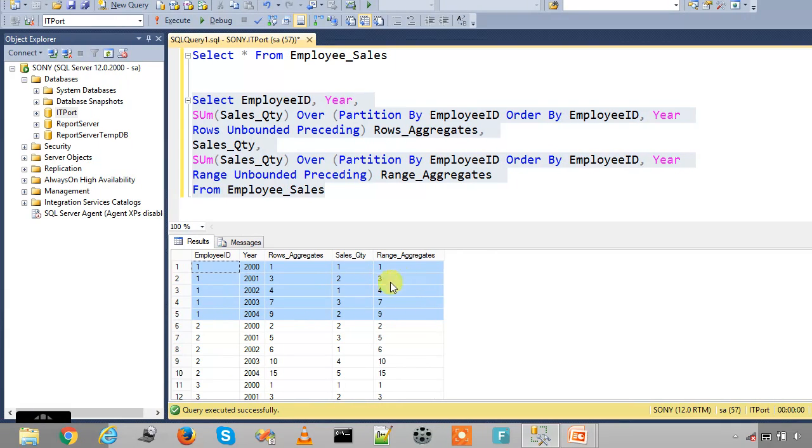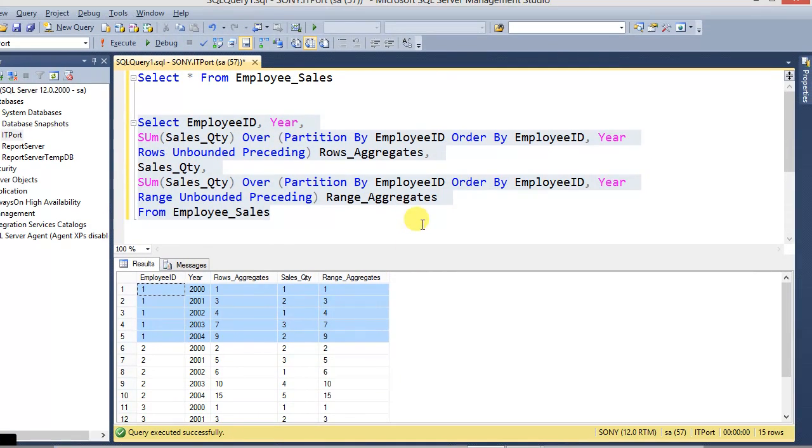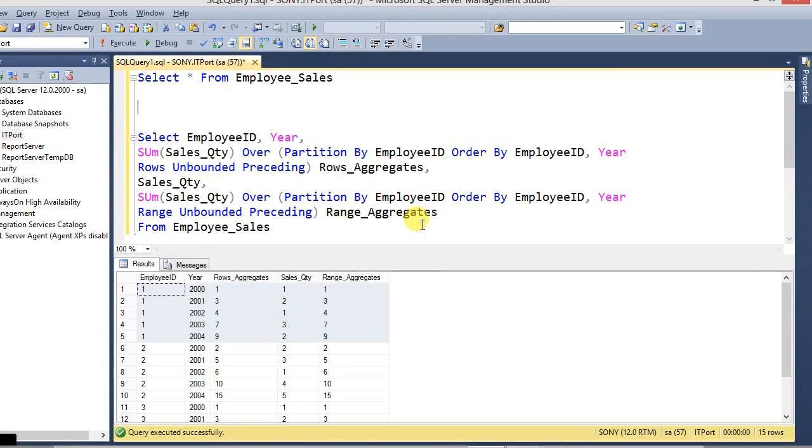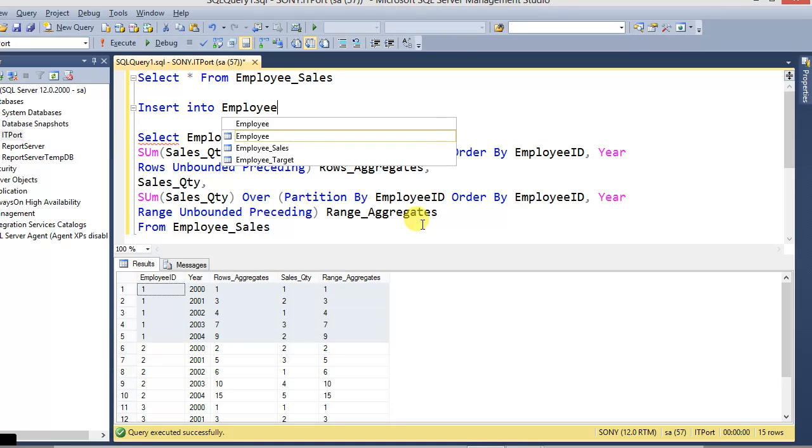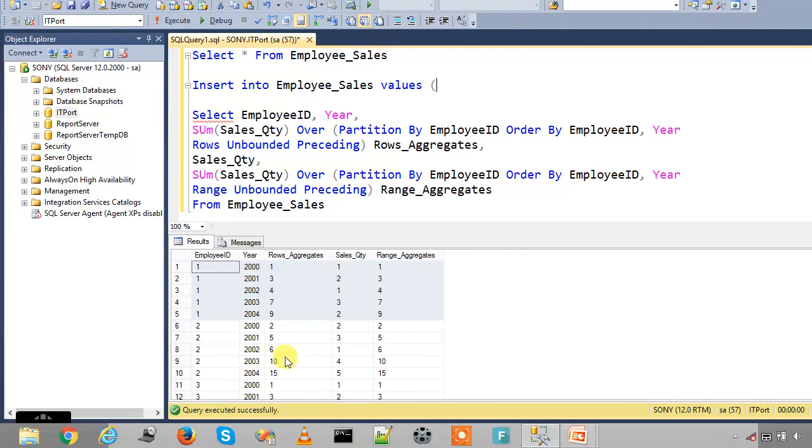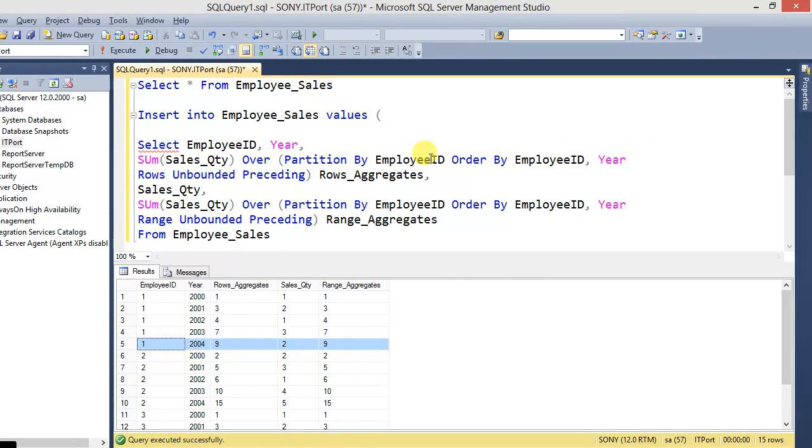So what is the difference between ROWS and RANGE? It means, see, there is a duplicate value. We want to insert this, so employee ID and sales quantity 2 and here 2004.